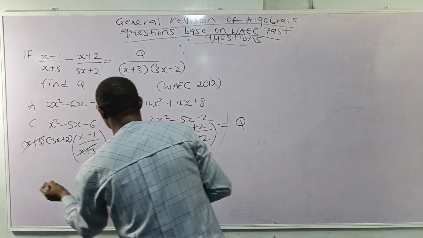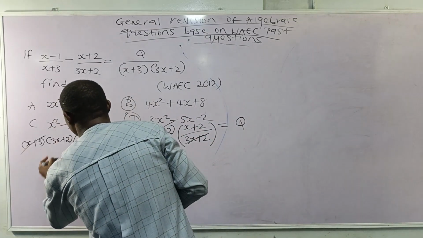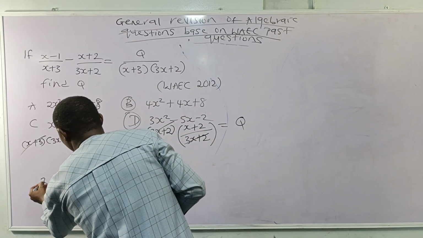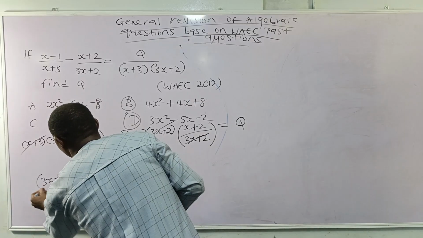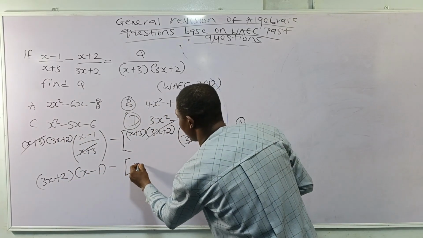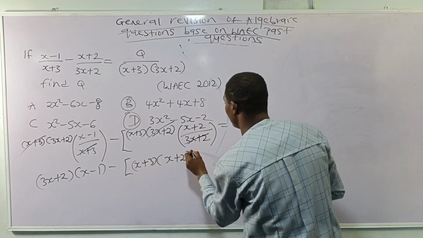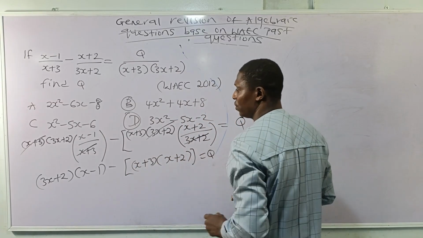So this can cancel this, and this can also cancel this. So we have (3x plus 2) in bracket (x minus 1) minus (x plus 3) in bracket (x plus 2) equal to q.